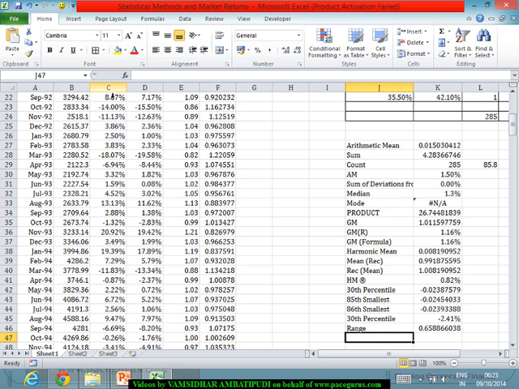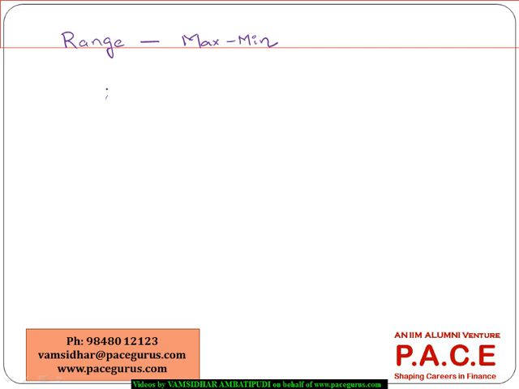It looks just at the maximum and the minimum value, and all other values are ignored. So if my maximum and minimum values are extremes, it probably gives me a completely different interpretation, which may not represent the shape of the data at all. So very rarely is range used in investment practice.